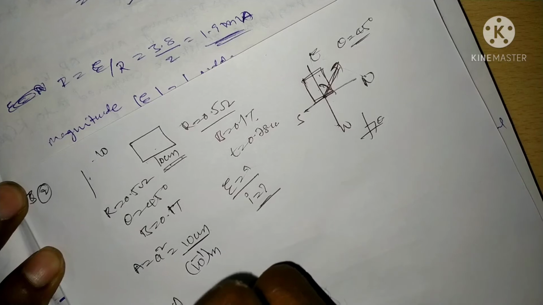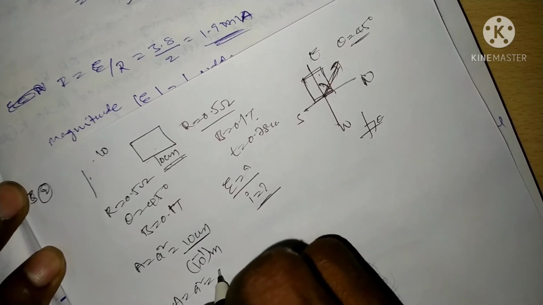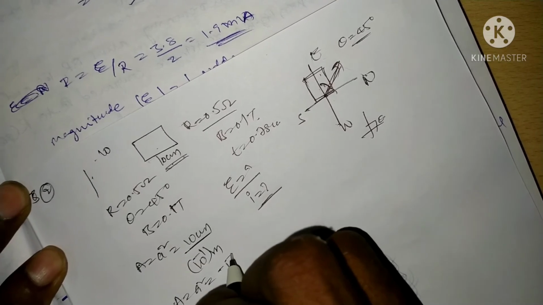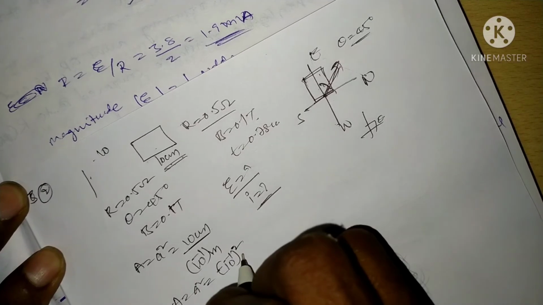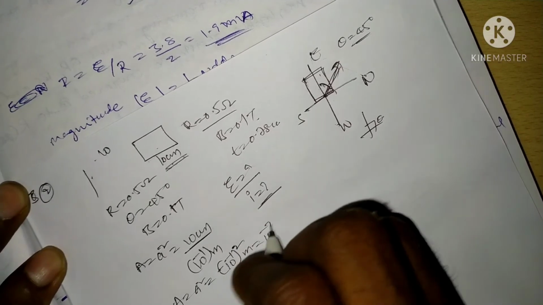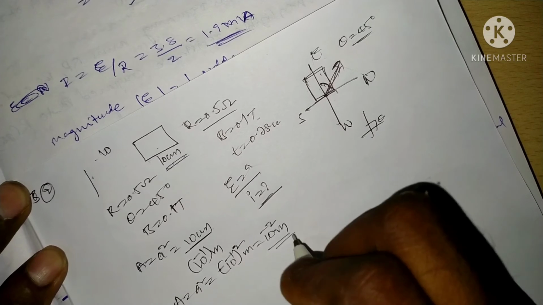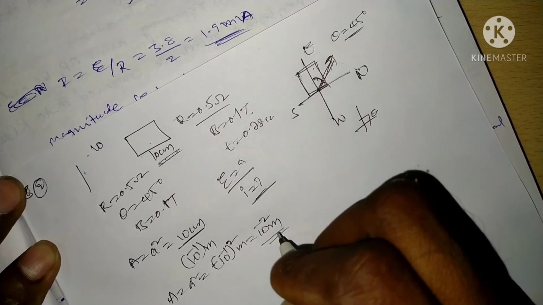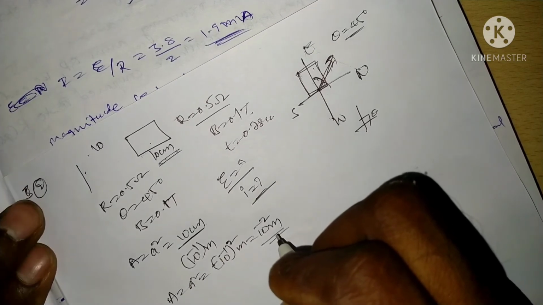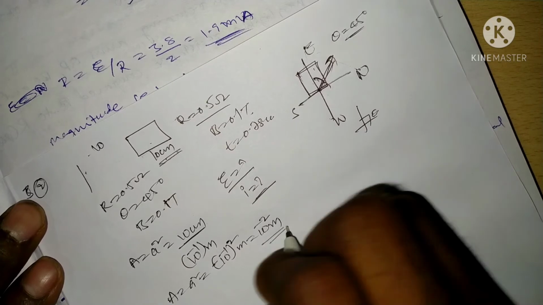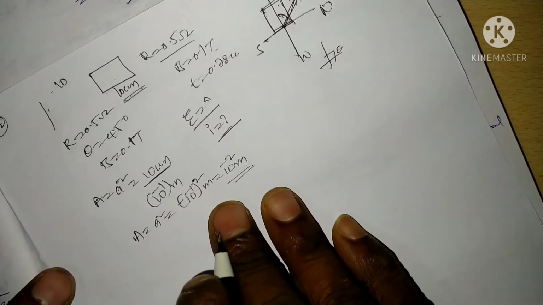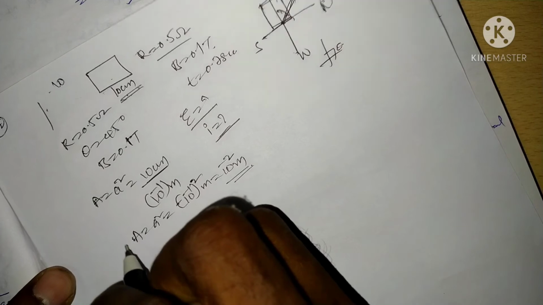Area is equal to a squared, 10 to the power of -1 squared, that is 10 to the power of -2 square meters. These values we substitute in the formula.